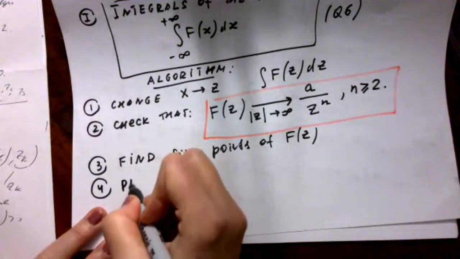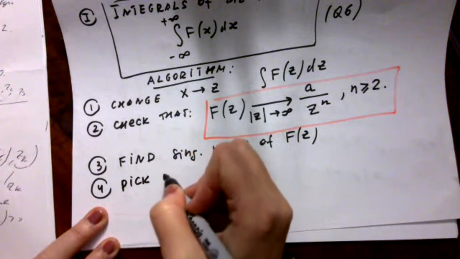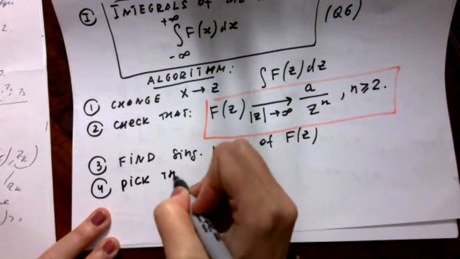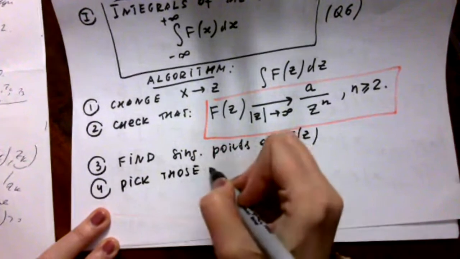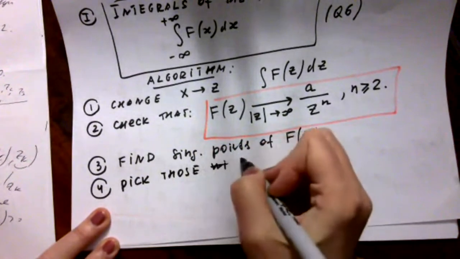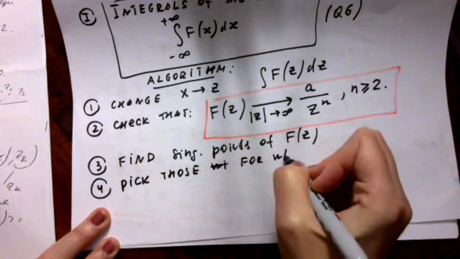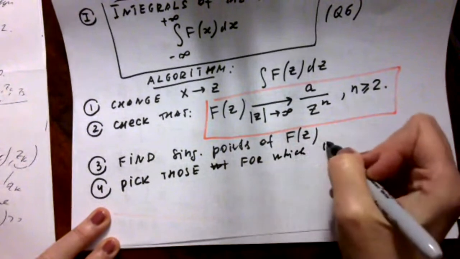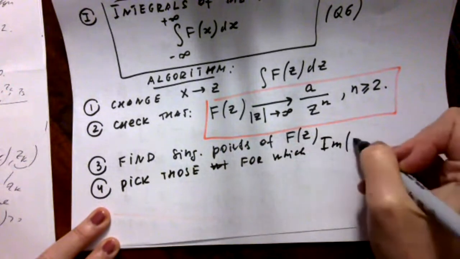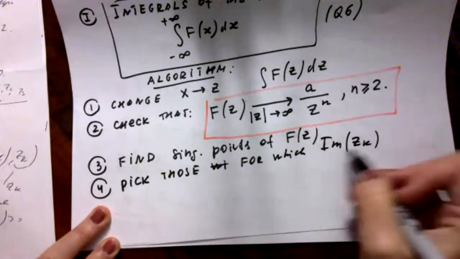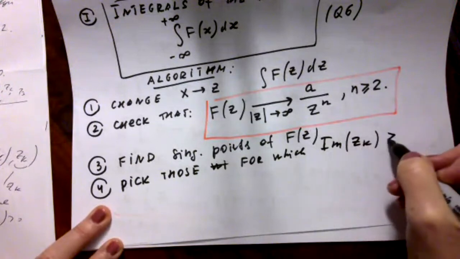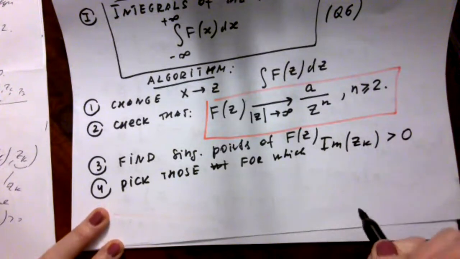So you need to pick those singularity points for which the imaginary part of z_k, let's denote it by z_k, is bigger than 0.